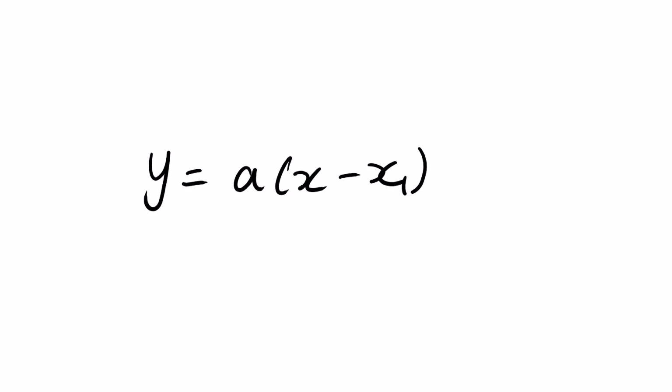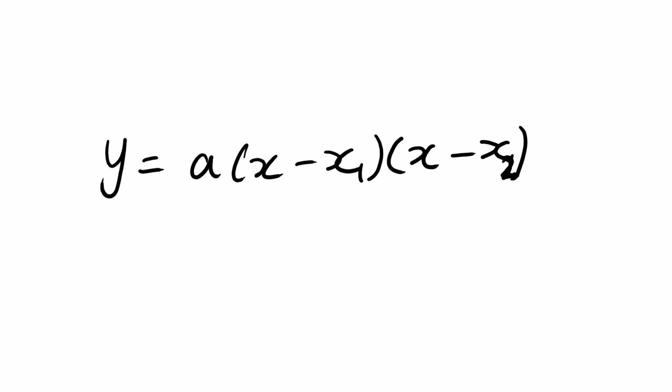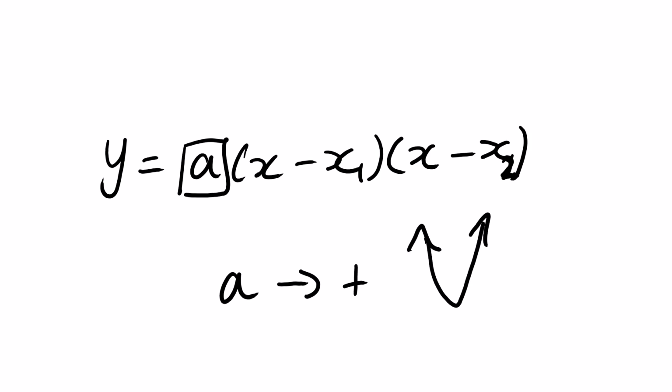Now how do we actually calculate this? We do have an equation. With this equation we can generate the equation when we're given the x-intercepts and any other point. Now we know that the effects of a: when it's positive, the graph will face up, and when it's negative, the graph will face down.